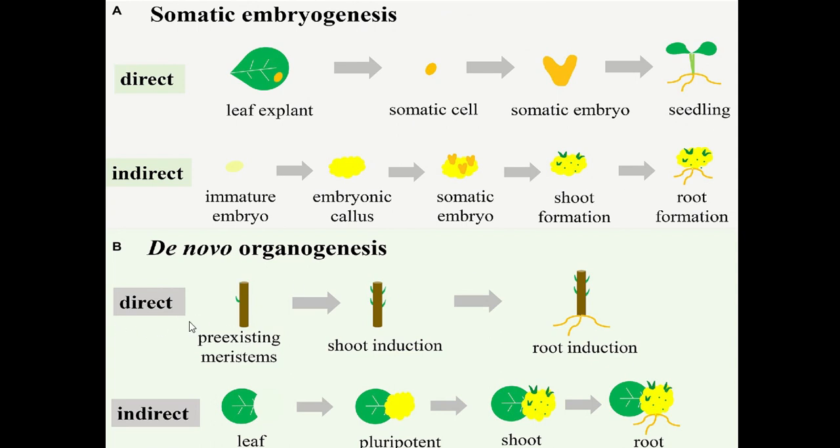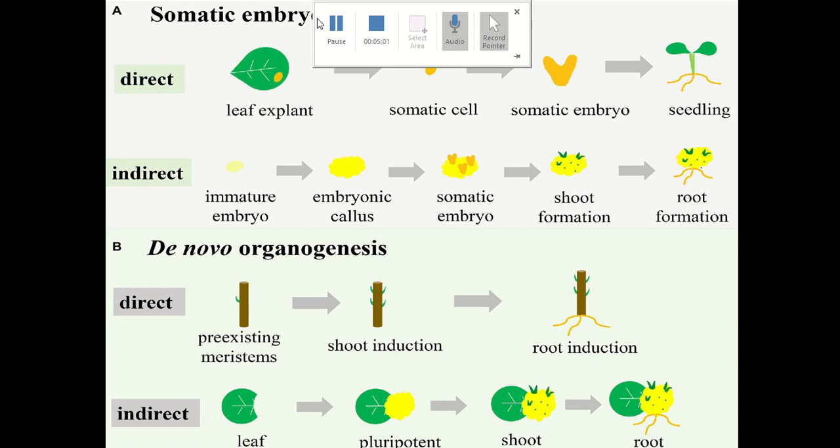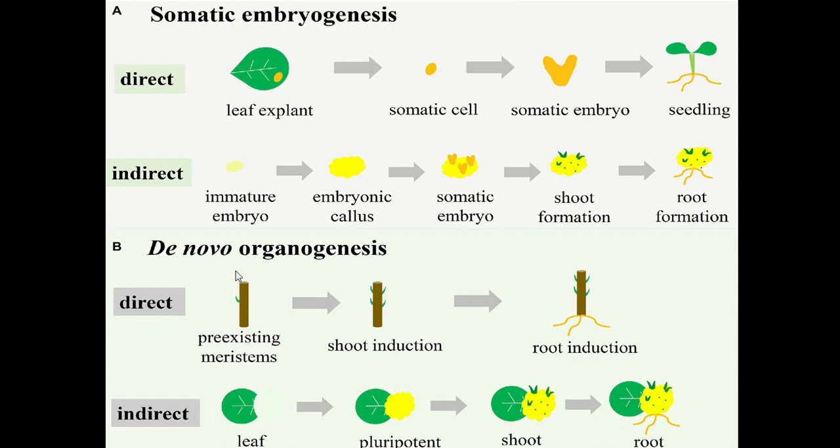But in organogenesis, how is embryogenesis different? Here we are taking a single cell, but there we are taking tissue, or we can say meristematic cells. So that's how it is different from organogenesis.